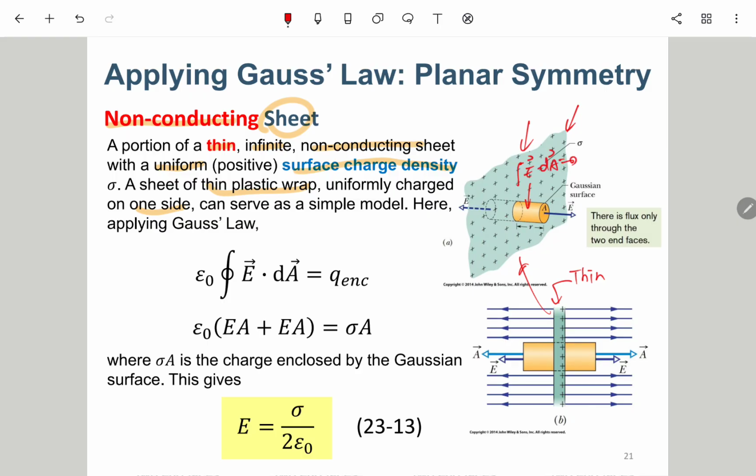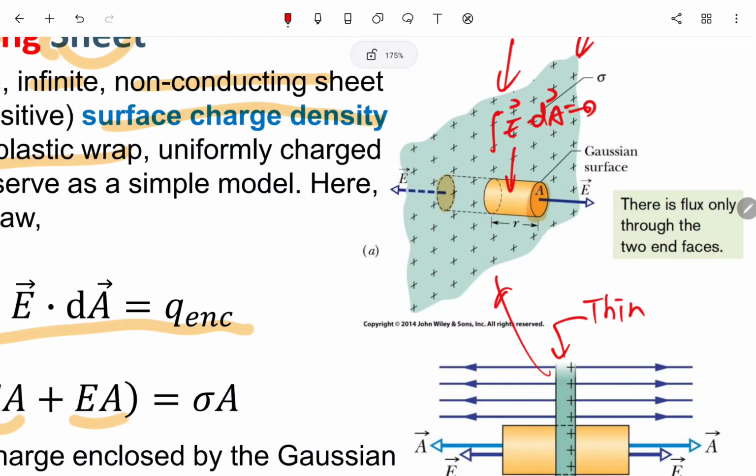So we only have this part and that part contributing to the net flux. Starting from the Gauss law, we have epsilon naught times EA plus EA. Similar to what we have done before, only these parts contribute.